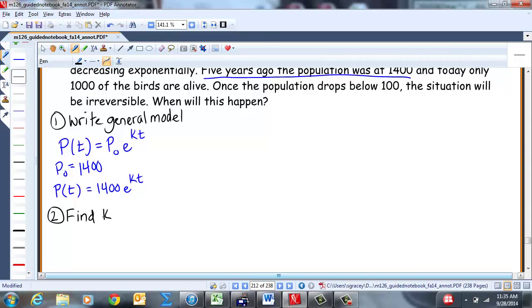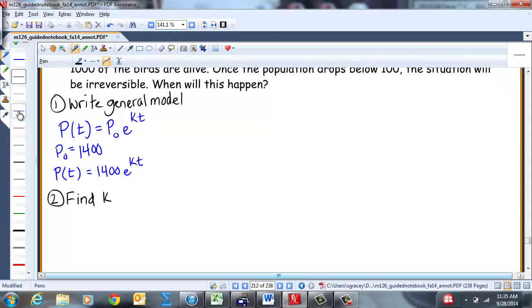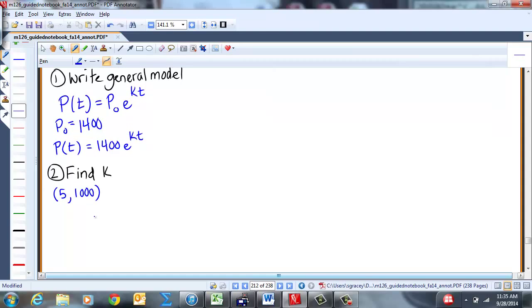So basically, we've been given the ordered pair (5, 1,000), where the time is in years. So let's do it. P at 5 equals 1,000. So we'll have the equation 1,000 equals P0, which is 1,400, times e to the k times 5.